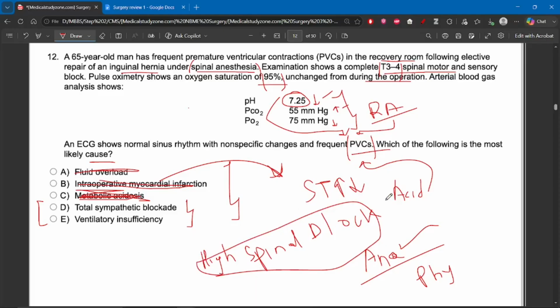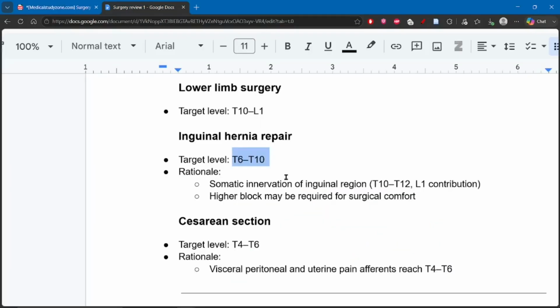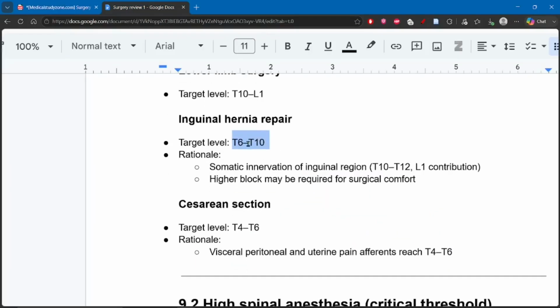High spinal block means that the spinal anesthesia has surpassed the upper limits of the spinal segment, and it is not where it's supposed to be limited. Now it's above the segments where it is supposed to be limited. So now this patient is undergoing an inguinal hernia. The target level should be from T6 to T10.